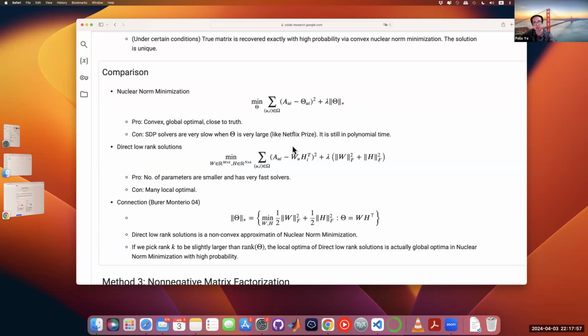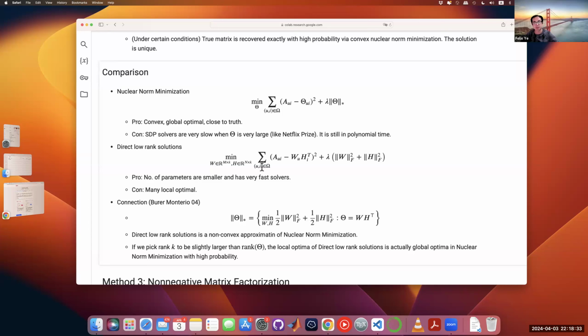And this is basically, you can think about the mean square error, and we are adding a penalty of the Frobenius norm of W and H. So the advantage of the last lecture's approaches is the number of parameters that we work with is smaller, because we only work with n by k and n by k matrices.